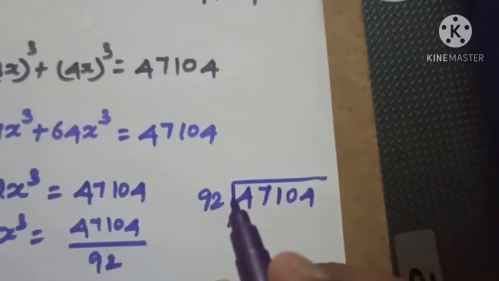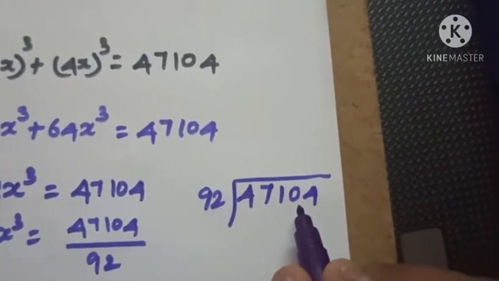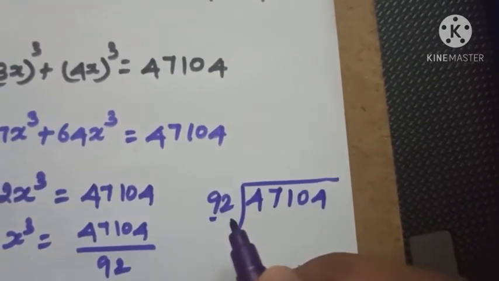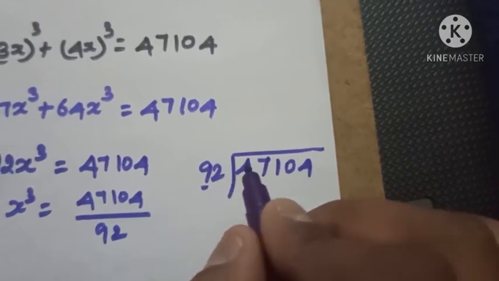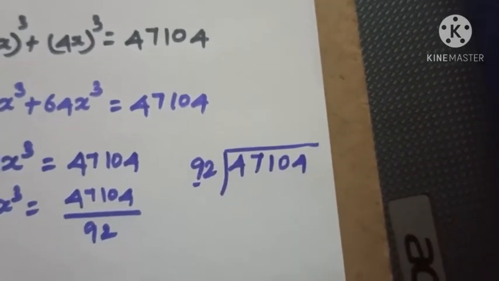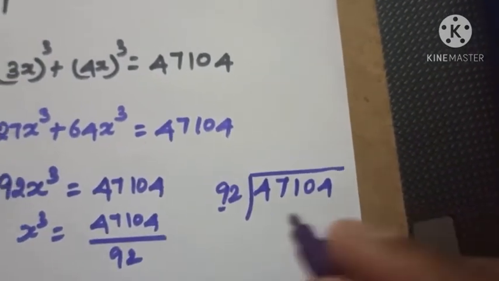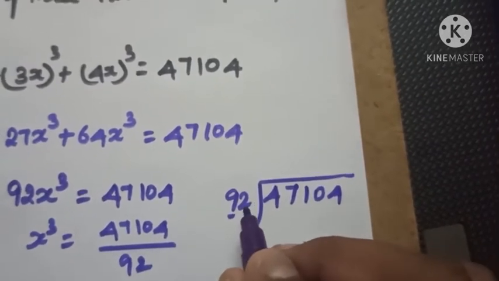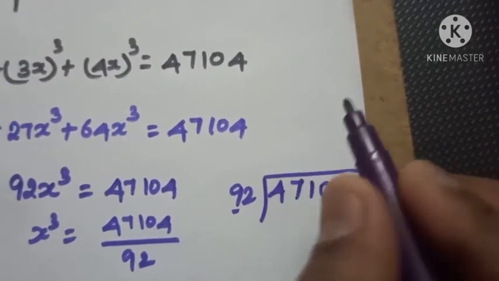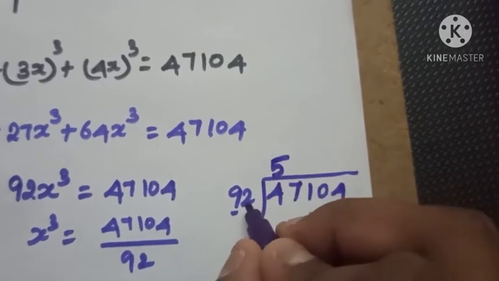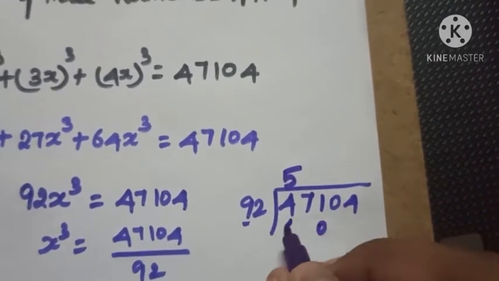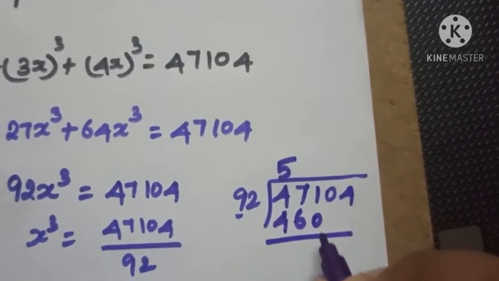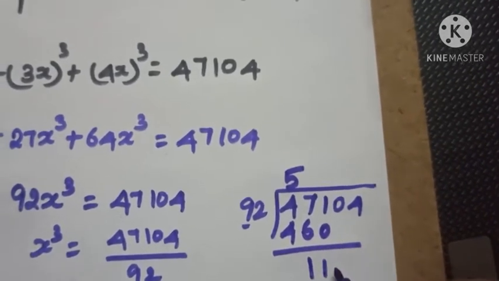Normally it should be divisible, so we can check with the tens. 9 fours are 36, 9 fives are 45, 9 sixes are 54. It seems to be 500 something, so we take 5 times. 5 twos are 10, 9 fives are 45, 46, so 110.